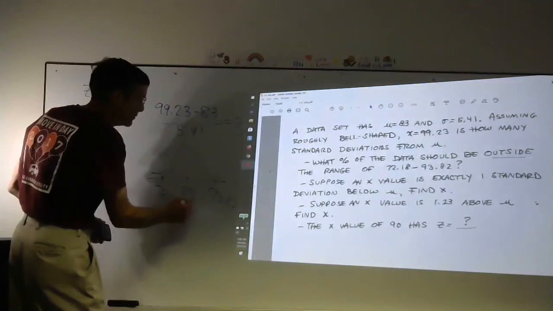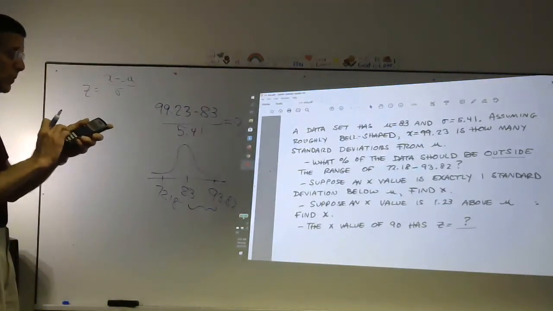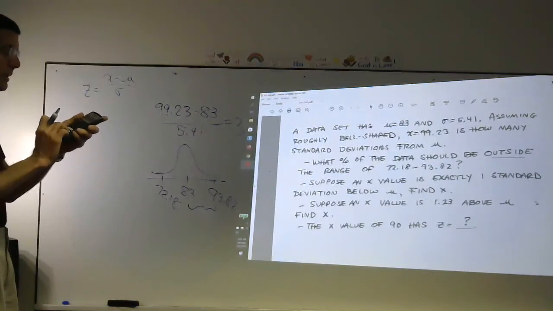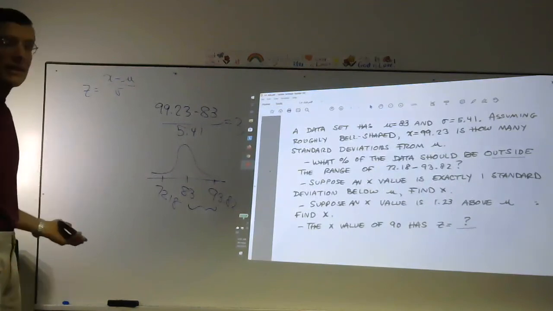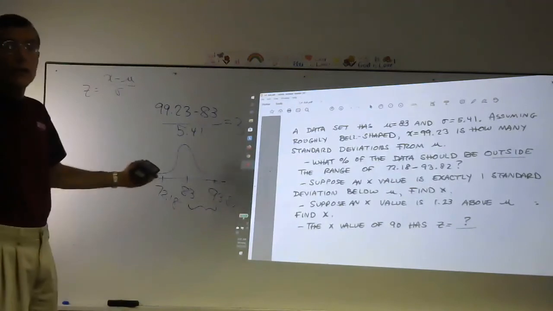This is exactly 2 standard deviations. Let's check this one. 72.18 minus 83, divided by 5.41 equals negative 2. This is 2 standard deviations above, 2 below.